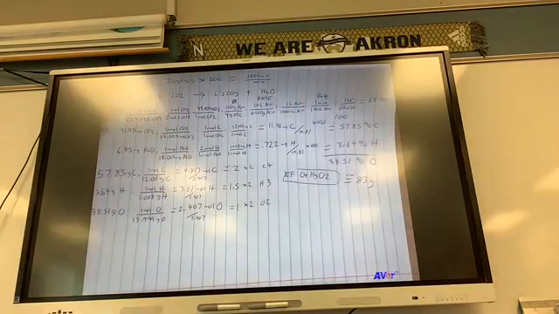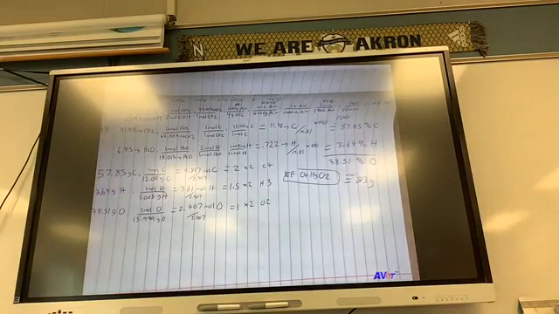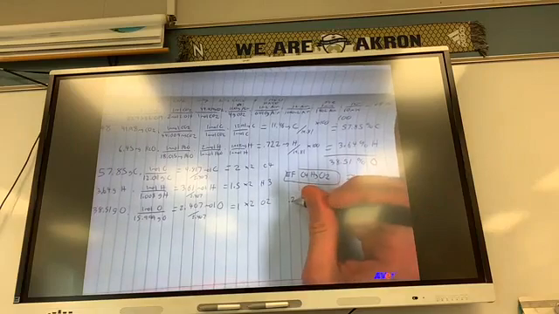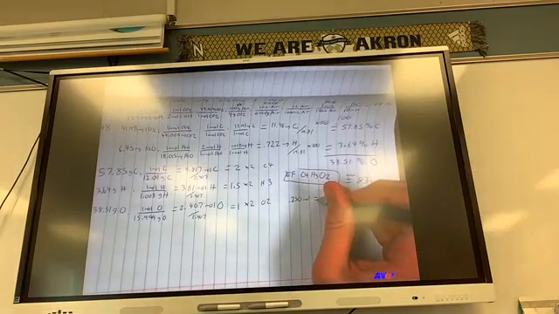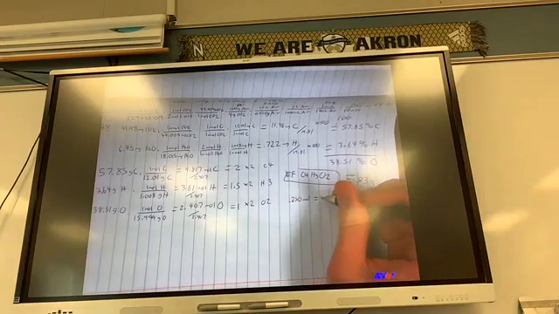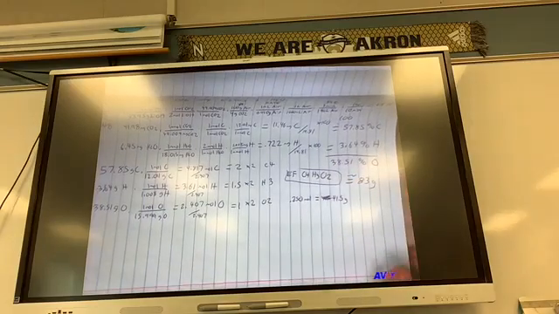The problem told me that 0.250 moles is equal to 41.5 grams.